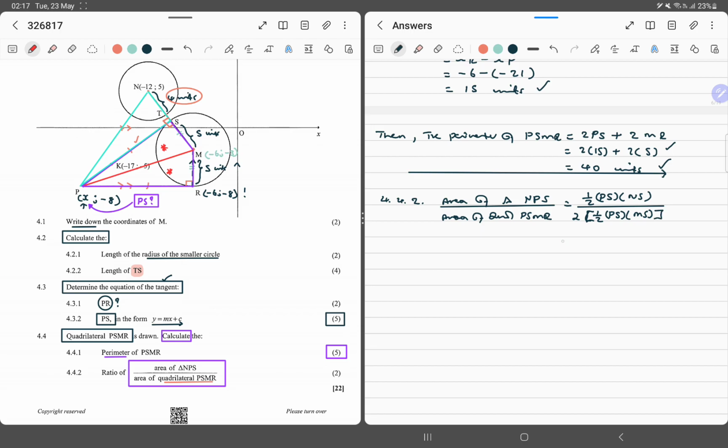Okay, so this is pretty straightforward. So this is a half of PS we determined above is 15. And then that one, we saw that that radius was a 4. All of that divide by 2 into a half multiplied by PS is 15 multiplied by MS, which is 5.